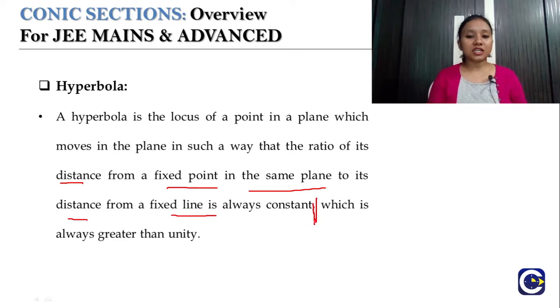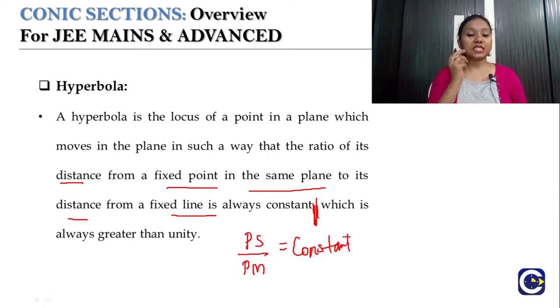So until here, it's the same definition as our conic section, which means PS by PM is equal to constant. But in order to represent this as a hyperbolic definition, this constant ratio is always greater than unity, that means always greater than 1. Right, so this gives us the quick definition of our hyperbola.